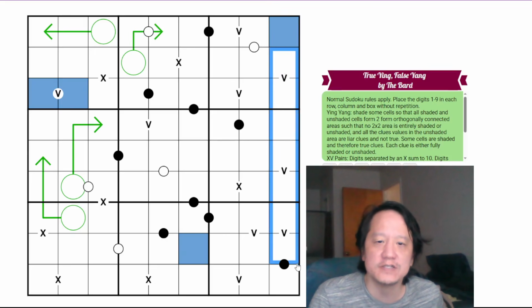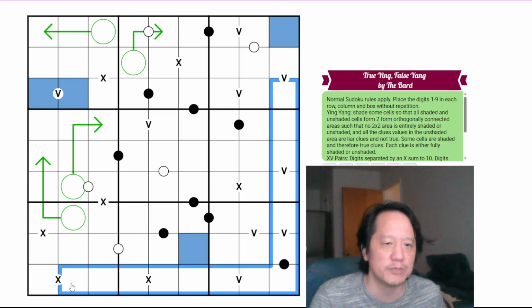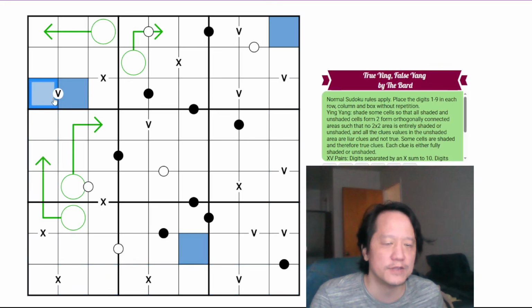But at least one of these is false, which means it must be unshaded. Well, that's a change of shading from this shaded cell here. That means we cannot have a change of shading at all between here and here, because we are guaranteed there's a change of shading here, and there must be another change of shading between here and this cell here.